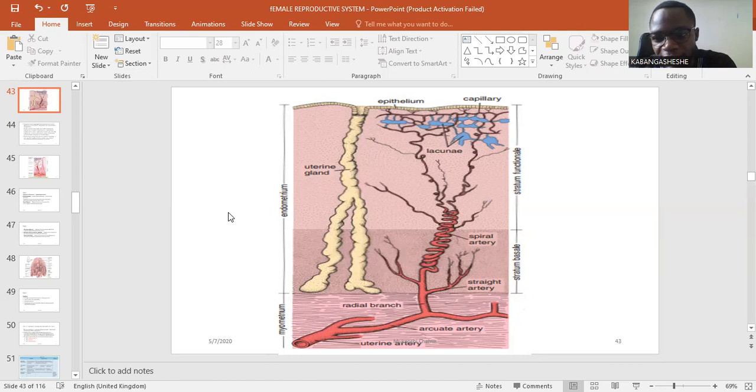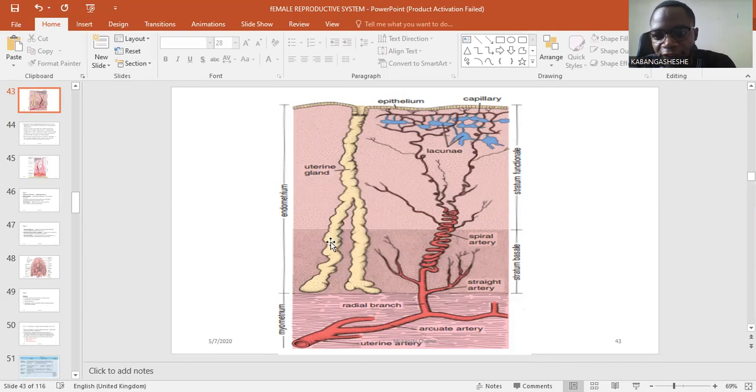And if you observe that, you see that the uterus will secrete a lot of serous plus mucus secretion. Now, you can use that to determine the fertile stage of the uterus and the infertile stage of the uterus. So when the uterus is fertile, the uterus is in its secretory phase. So it's secreting a lot of product from these glands.